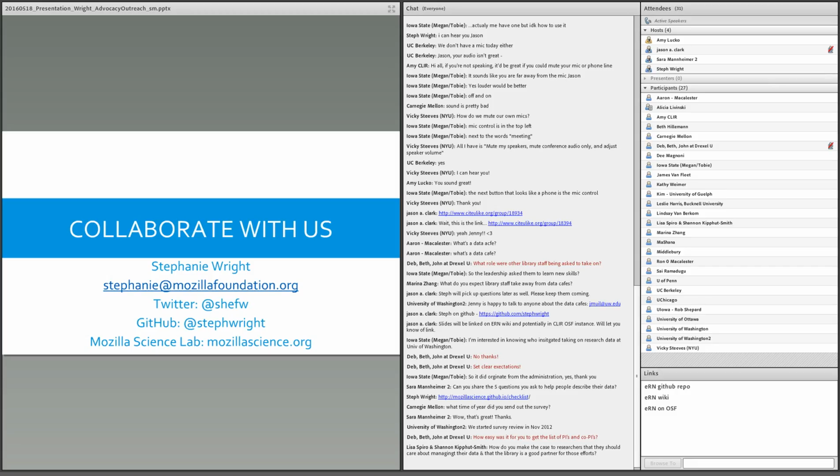How do you make the case to researchers that they should care about managing their data and that the library is a good partner for those efforts? Oh boy, that's a big question. A lot of ways. So it really comes down to, this is where those coffee conversations really helped, because it was a lot of me listening rather than talking.